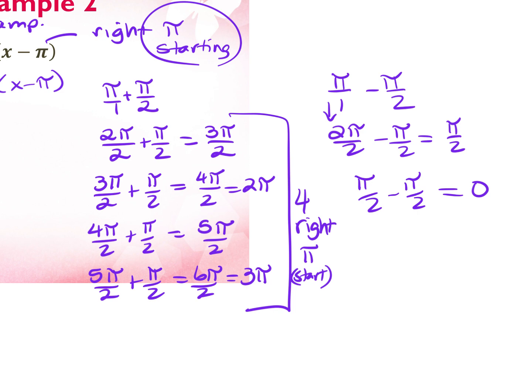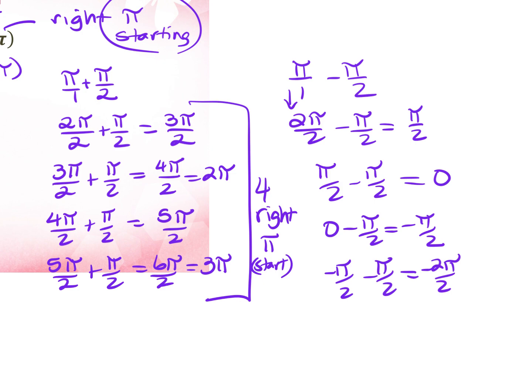This one has one. A lot of times when your shift is pi over 4 or pi over 2, or even pi, you would have a stopping point on the y-axis, but not always. So then now do it one more time. Negative pi over 2. And then I need 3, so I got to do it again.